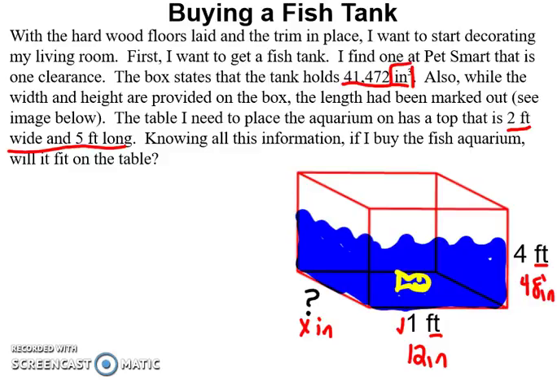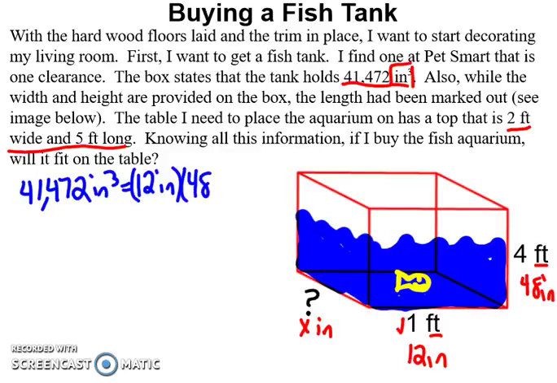So I know that 41,472 cubic inches is equal to 12 inches times the 48 inches times my X inches. So that will give me 576 square inches times my X.